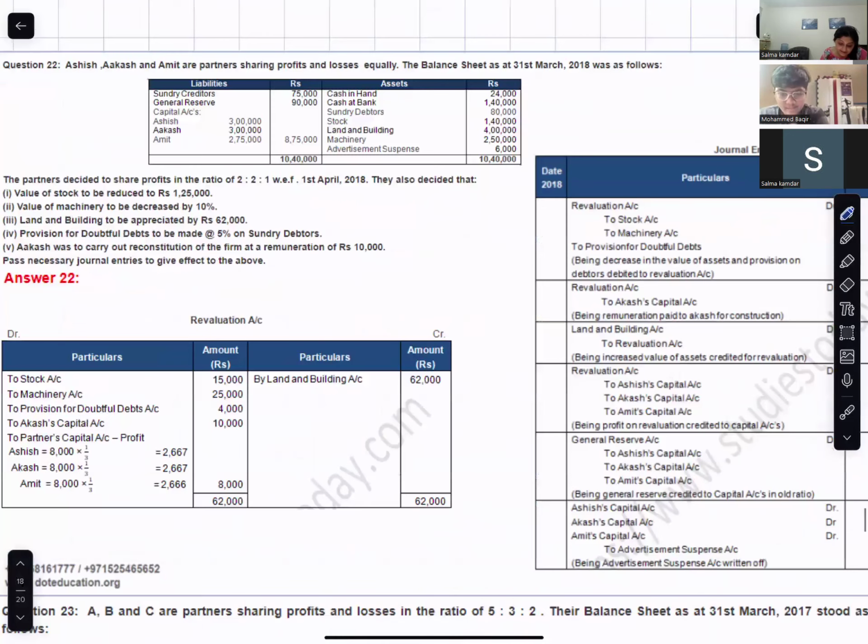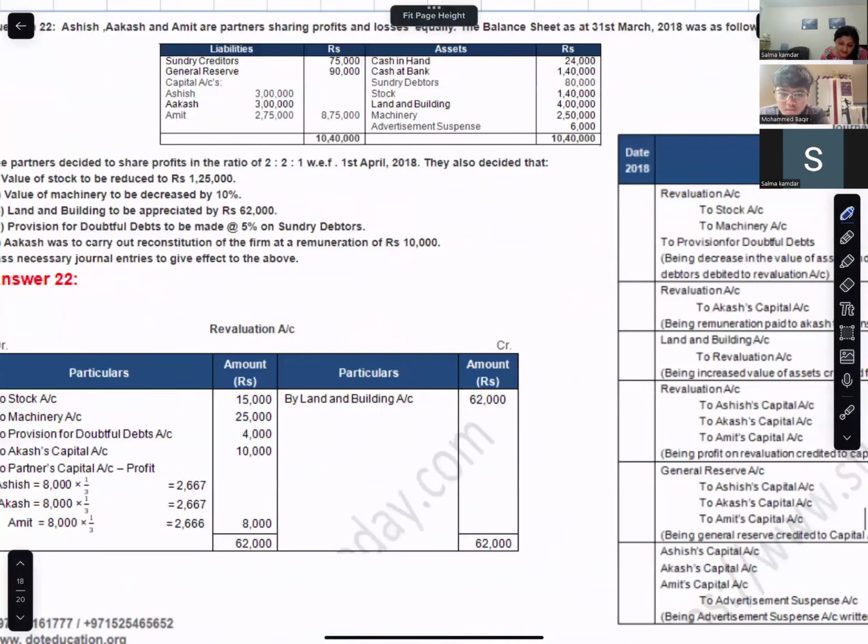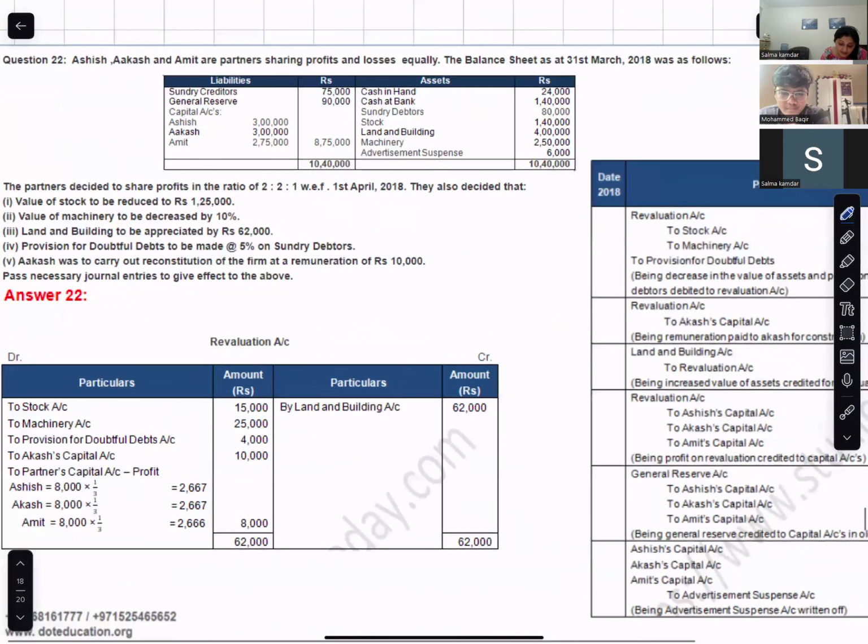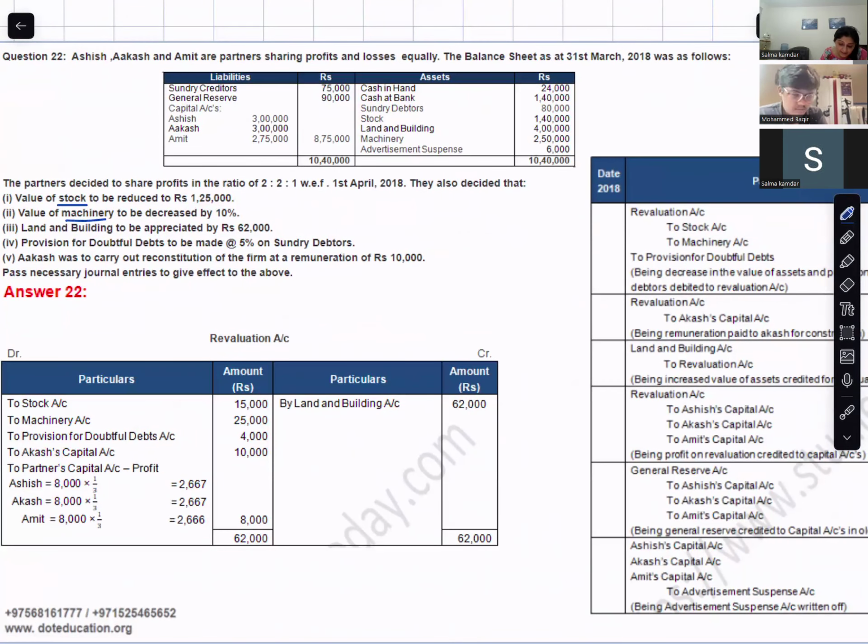Come on, read. There is adjustment on stock, machinery, land and building, and debtors. When you make your new balance sheet, whatever has no adjustments will go directly, written as it is.